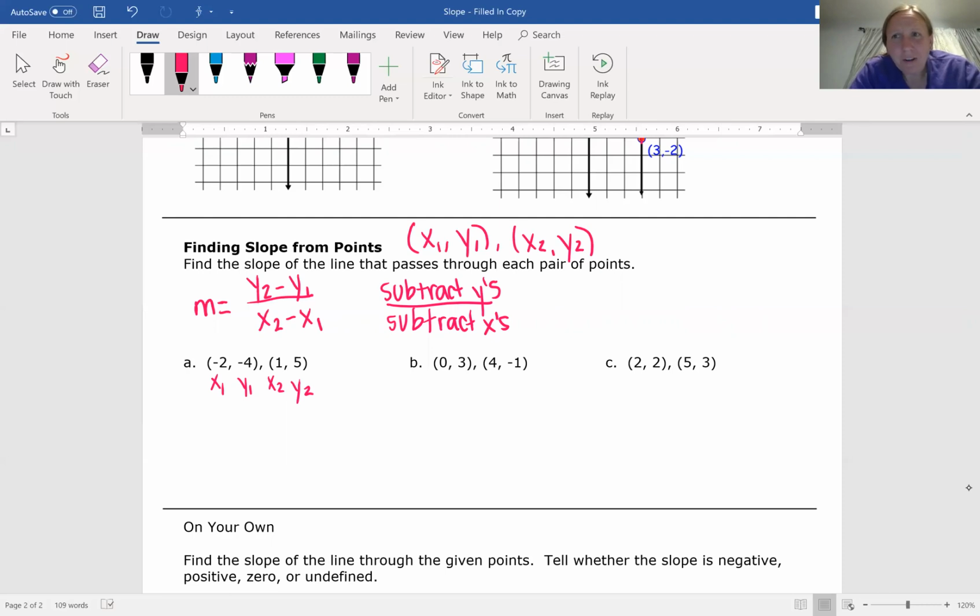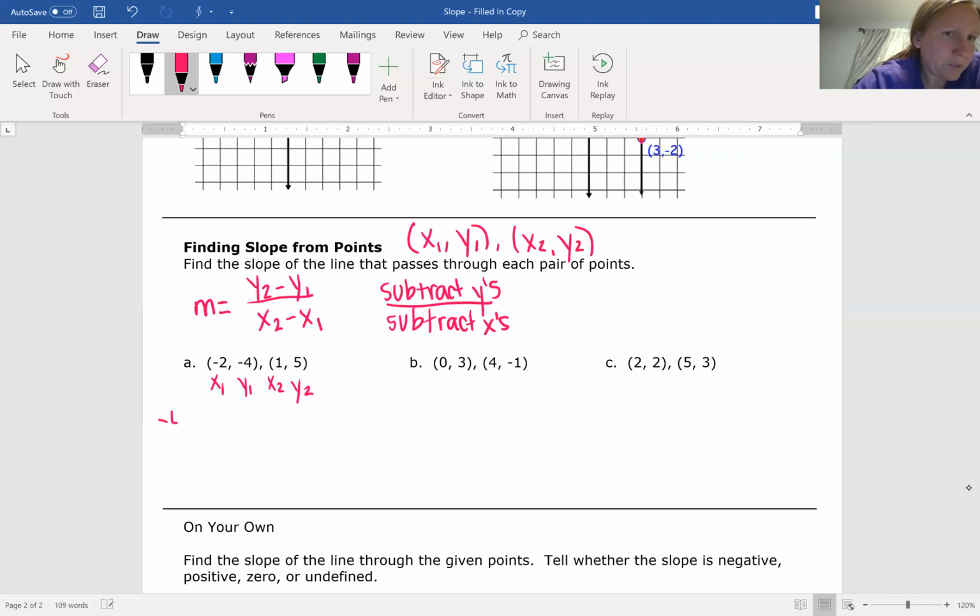It doesn't matter which y you start with. You can do 5 minus negative 4 like this formula tells you. Well, really, you could also do negative 4 minus 5. The key is on top, whatever y you decide to start with, when you go down to the bottom, you just need to make sure you start with that same x. So if you're going to start with the first y, and do -4 minus 5, that's fine. But on the bottom, then you do -2 minus 1.